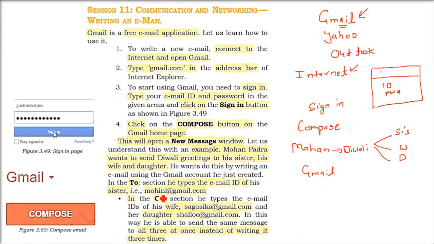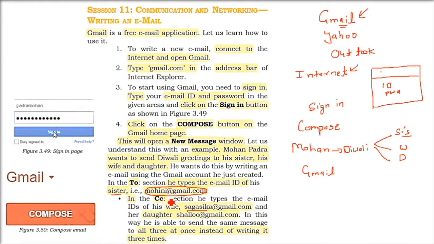In the email ID section, in the To section, he will send it to Mohini. So Mohini is the main recipient. Now he will do what? He will carbon copy it, CC. So he will send the same email to 2 other persons, his wife and daughter.